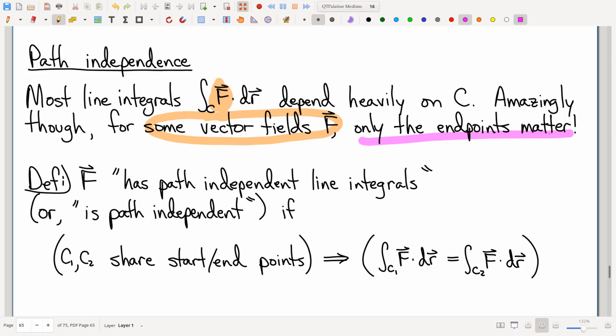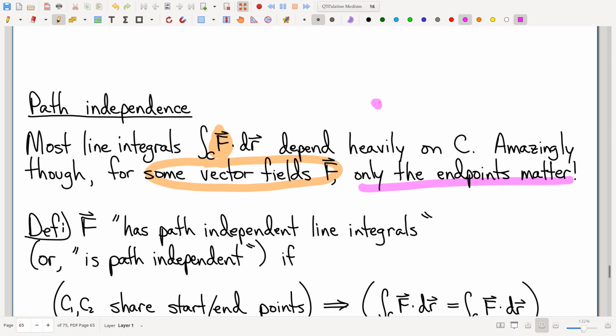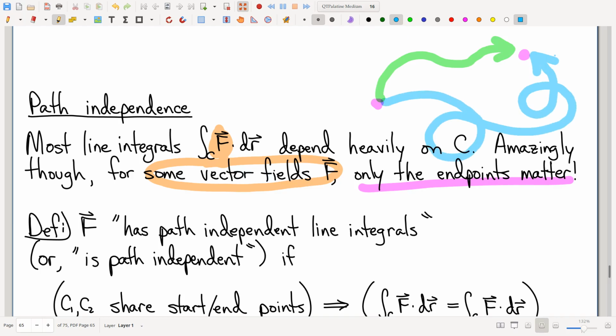That's shocking. You're telling me that I can, as long as I take a given starting point and a given ending point, you're telling me that I can compute on that curve, or I could compute on that curve, and you're telling me I'm going to get the same answer.